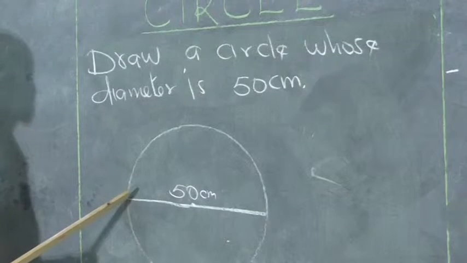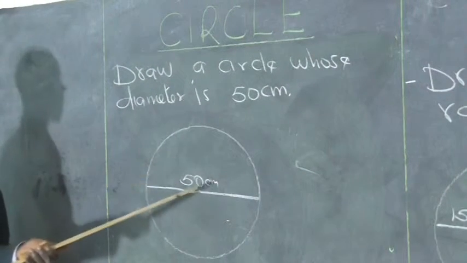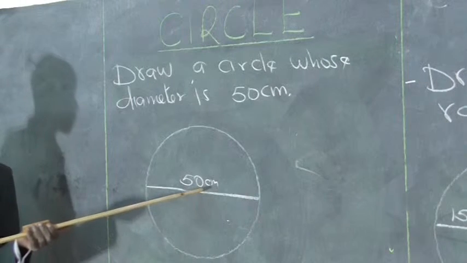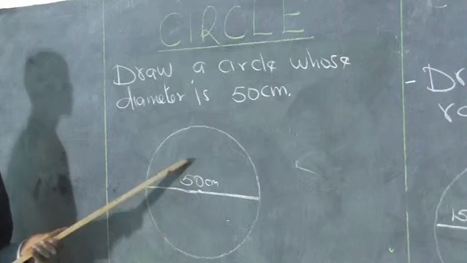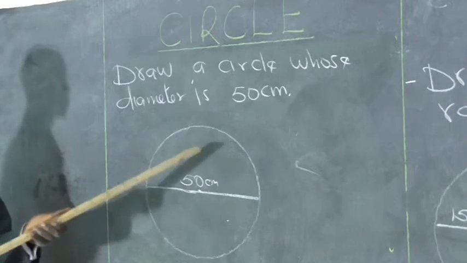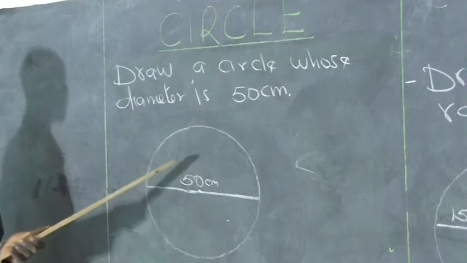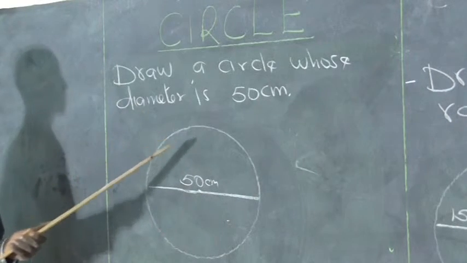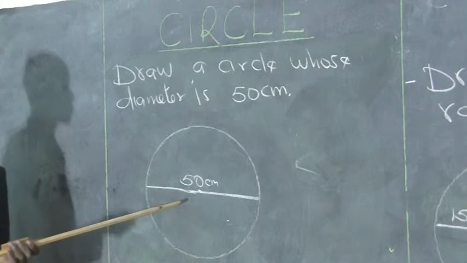Just as I did, after getting the radius to be 25 centimeters, I placed the pair of compasses in the middle, that is at the center of this circle, from which the pair of compasses was turned to help me construct this circle. So anytime you are given the diameter and you are asked to construct the circle, those are the steps that you must go through.